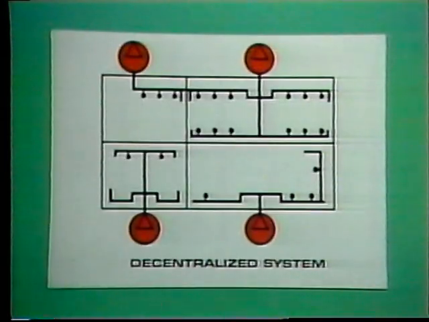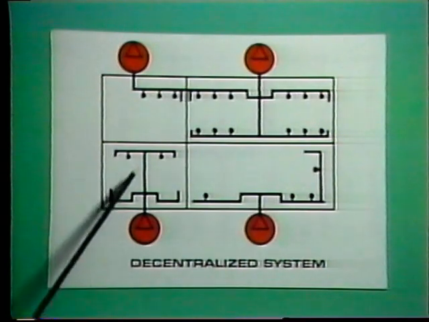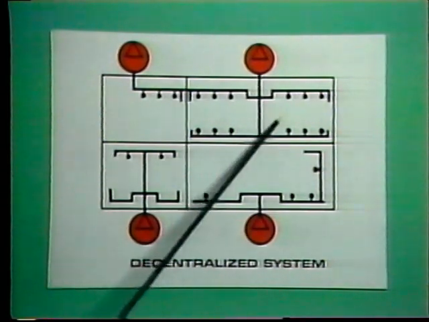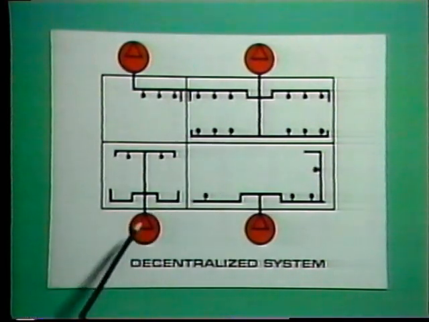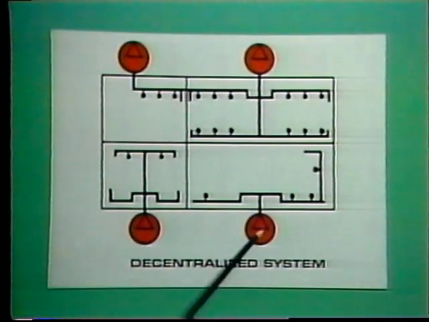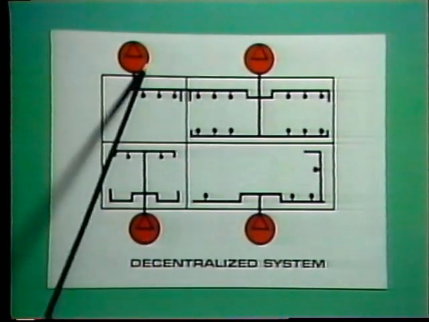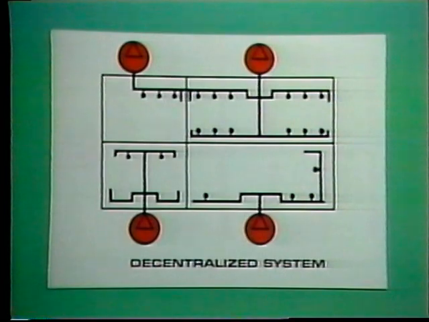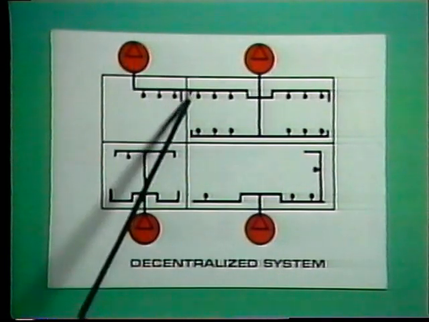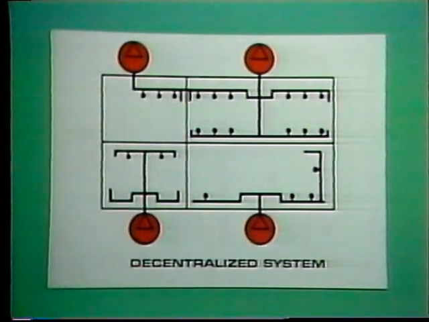Here is an example of a unit or decentralized piping system. A unit system consists of 2 or more grids, and each grid has its own compressors located here, here, and here. The ability of this kind of system to handle changing load requirements can be improved by interconnecting the individual grids.